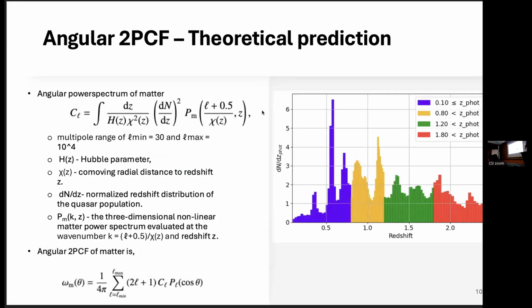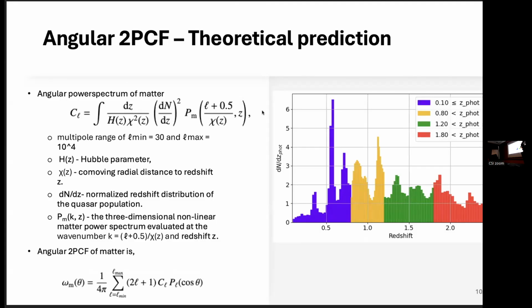Now we have an observational measurement. Now I am moving to the theoretical prediction. For the theoretical prediction, first we predict the angular clustering of total matter in our universe. For this, P_m is the nonlinear power spectrum. For all these theoretical predictions, we used the CCL cosmology library. In that library, to predict the linear power spectrum, it uses the CLASS algorithm.